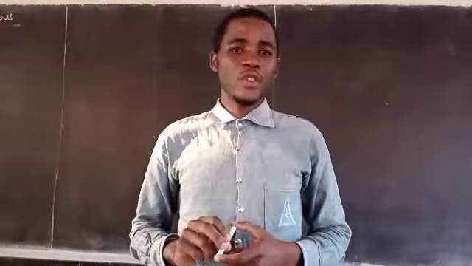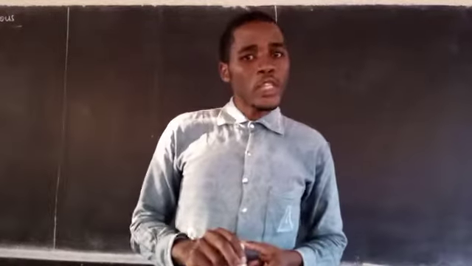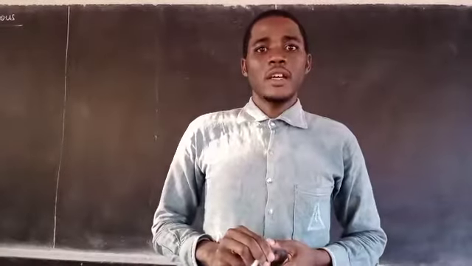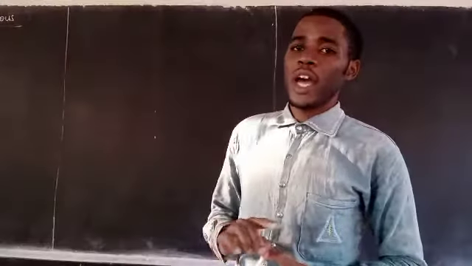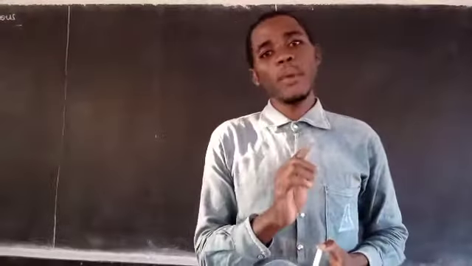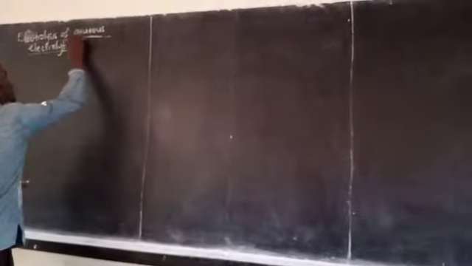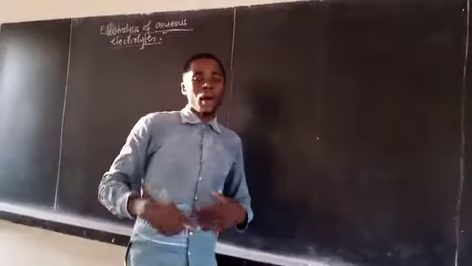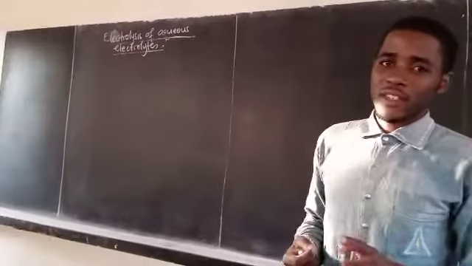I left a very simple activity, and from the responses from most of you, I'm convinced that you understood. Today, we are going to talk about electrolytes also, but in this case, we are talking about aqueous electrolytes. So today, we are studying electrolysis of aqueous electrolytes.